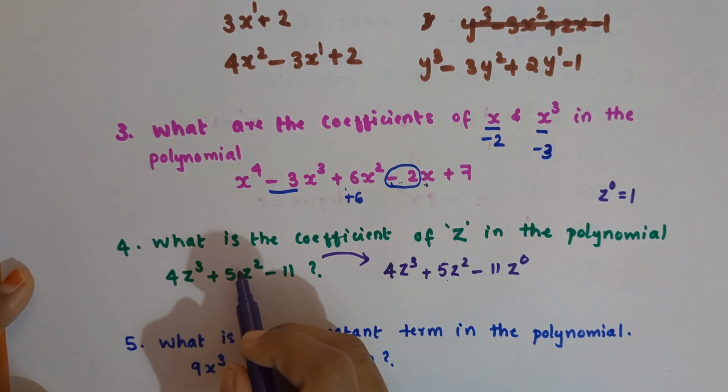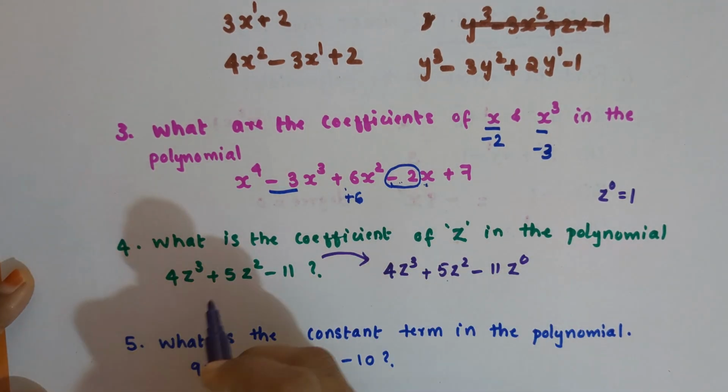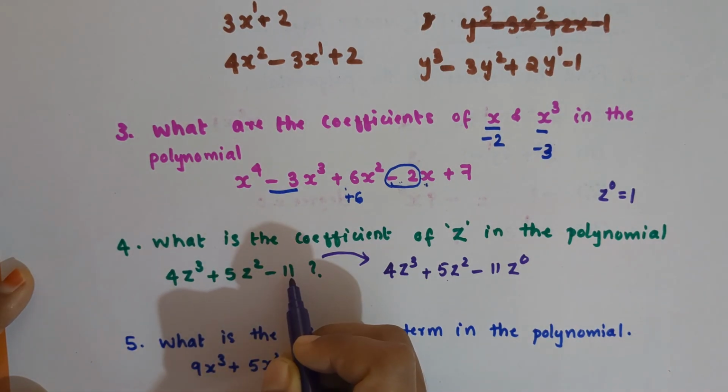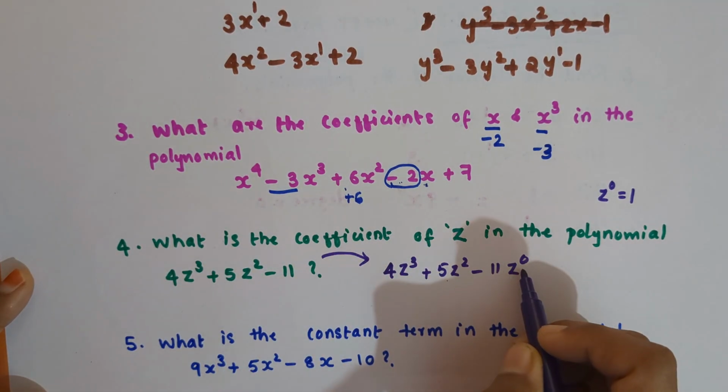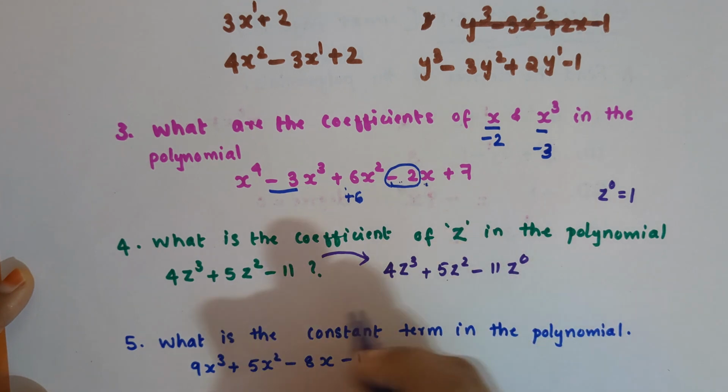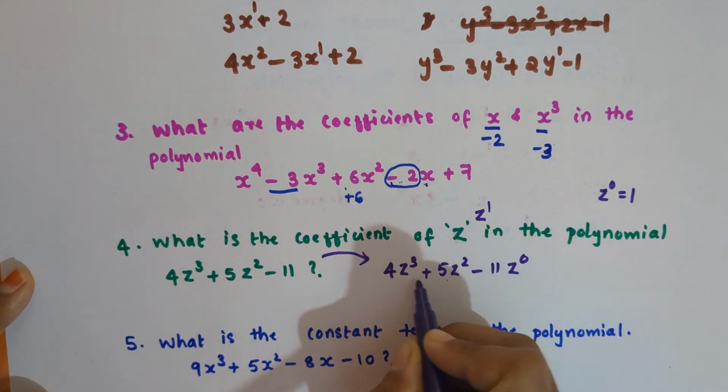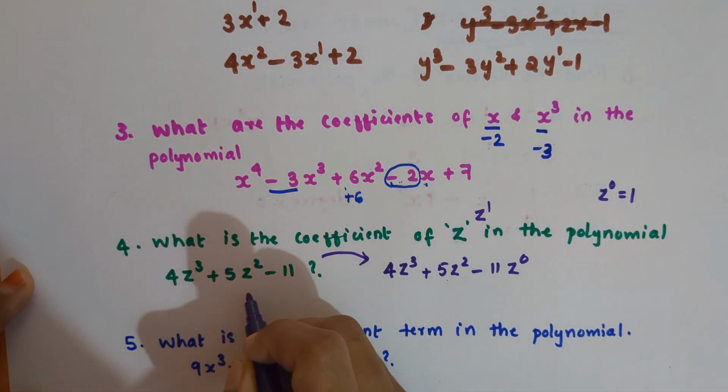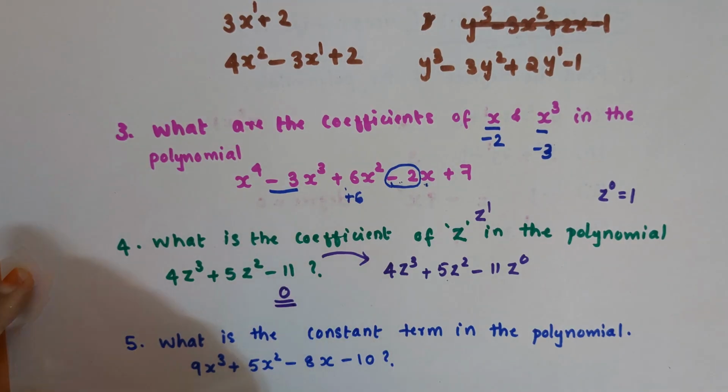Now our question is, what is the coefficient of z in the polynomial? There is no z present here. There is z square, z cube and z raised to 0. But there is no z, meaning z raised to 1. There is no z present in this polynomial, so its coefficient will be taken as 0.